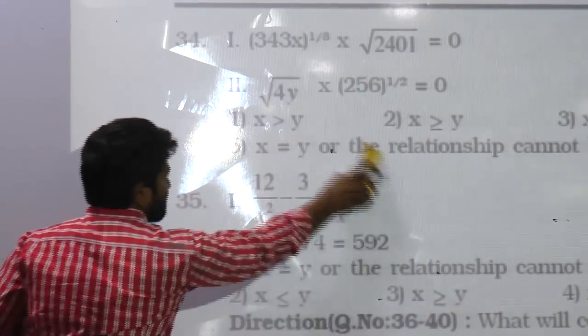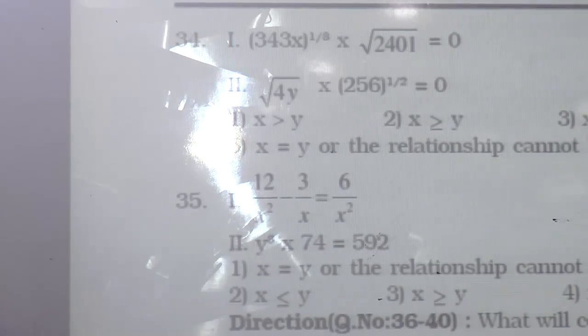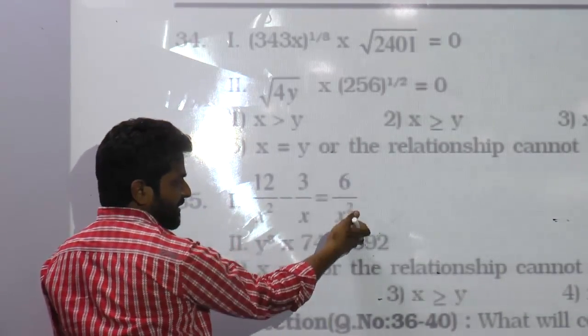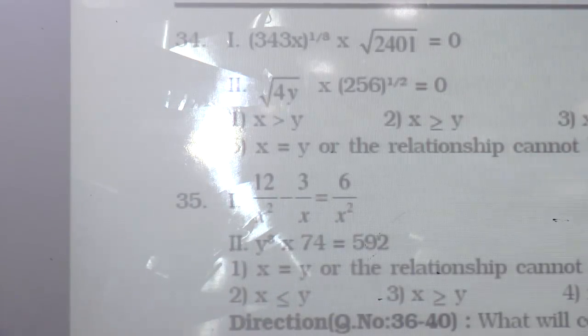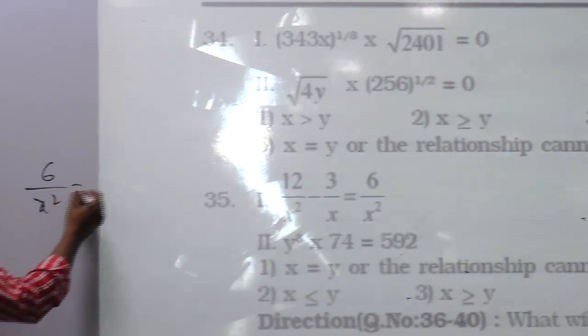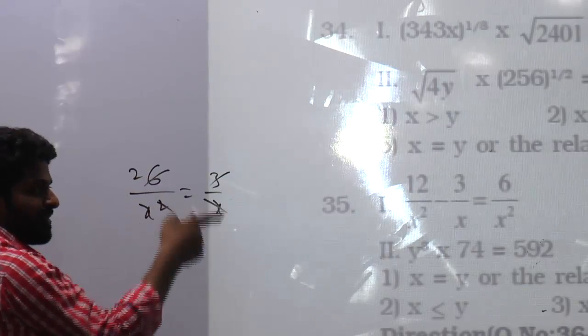Next, take this 3 by x to the right hand side, becomes 3 by x, 6 by x square to the left hand side becomes 12 by x square minus 6 by x square, that will be 6 by x square, which is equal to 3 by x and power cancel, 3 how many times? 2 times, x is equal to 2.